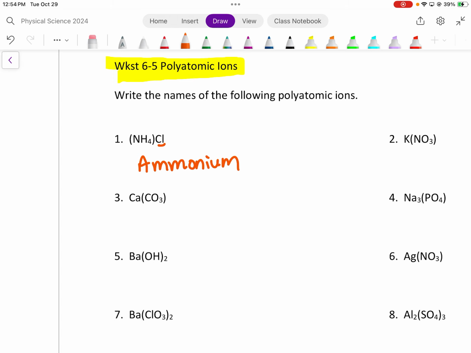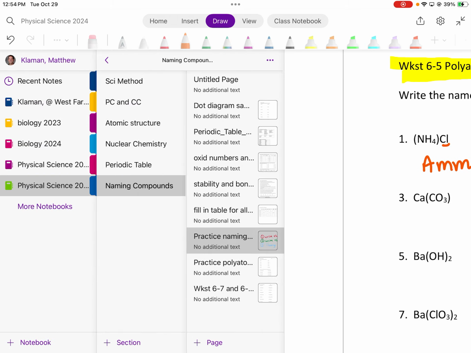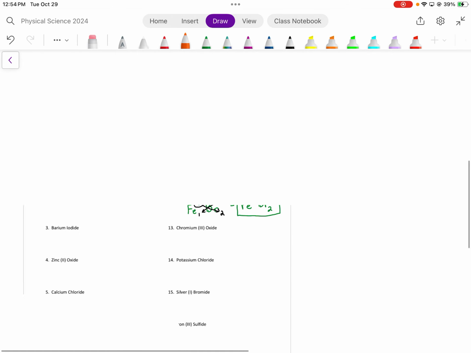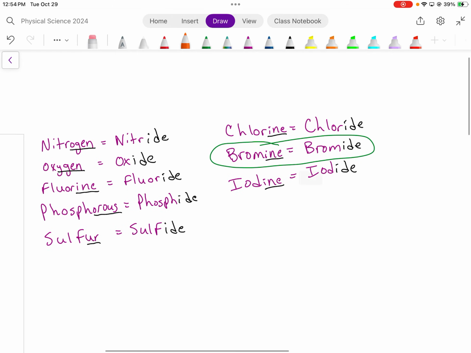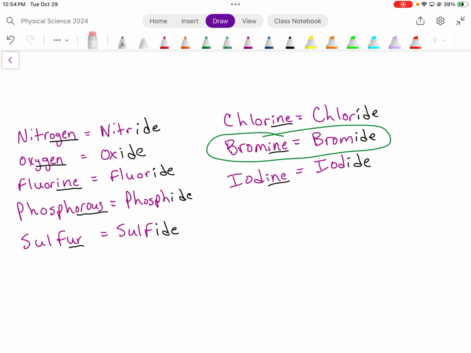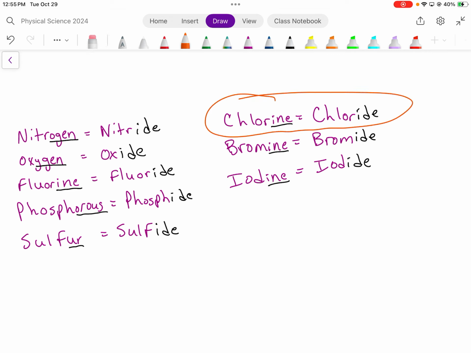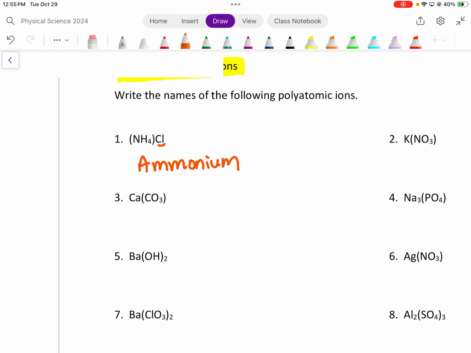And then I have this Cl. We've seen that before. Cl is chlorine. I'll go back to this sheet. Cl is chlorine, and I'll just call that chloride. That's it. I'm all done naming that one.